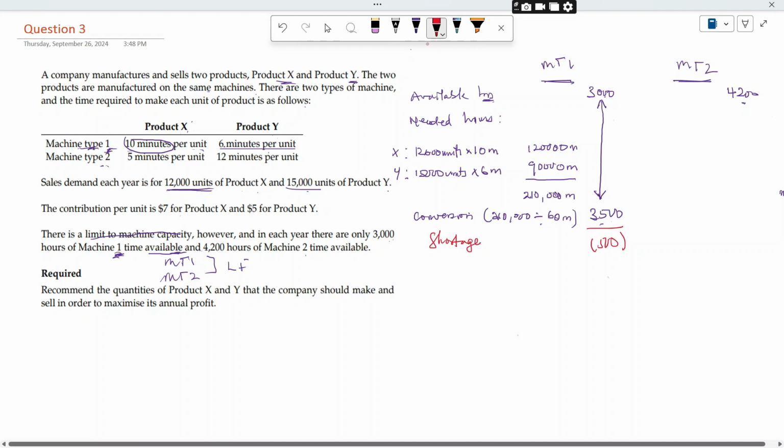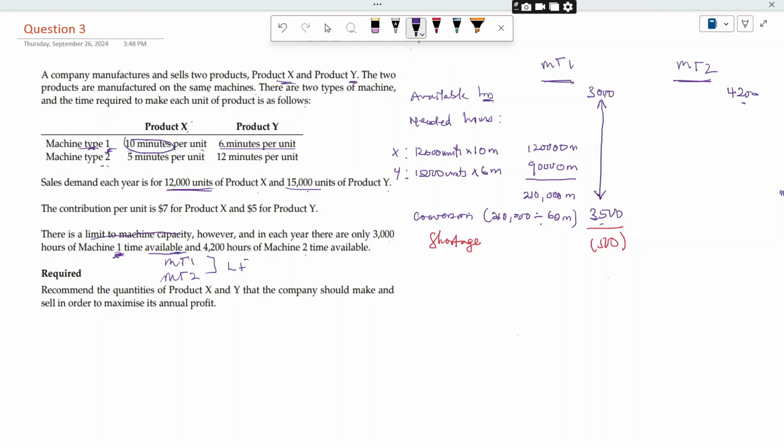Why do you think there is a shortage? There is a shortage because if you want to produce all the 12,000 units and 15,000 units, you have to have 3,500 hours in order to meet that demand. However, the question says that what we have available or what you can actually get in producing that X and Y is 3,000. So there's a shortage of 500.